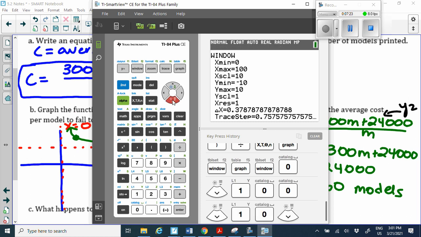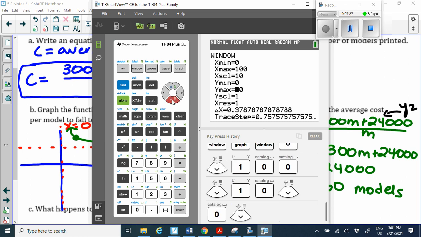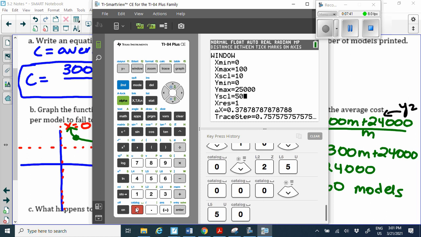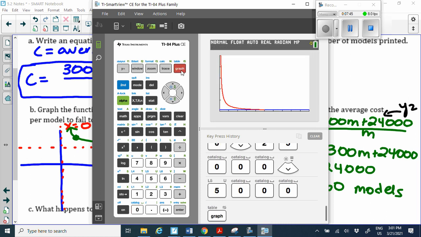Now for my y, I'm going to have 0. And then because we have 24,000, I'm going to go to 25,000, just go up a little bit. And then here, I'm going to go by 5,000. Now I'm going to go ahead and graph.